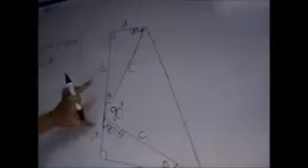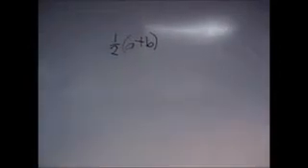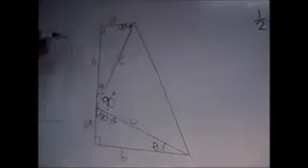You have here 1/2 times its height. Its height is A here plus B. So we will have A plus B. Next is we are going to multiply it to the sum of its base 1 and base 2.